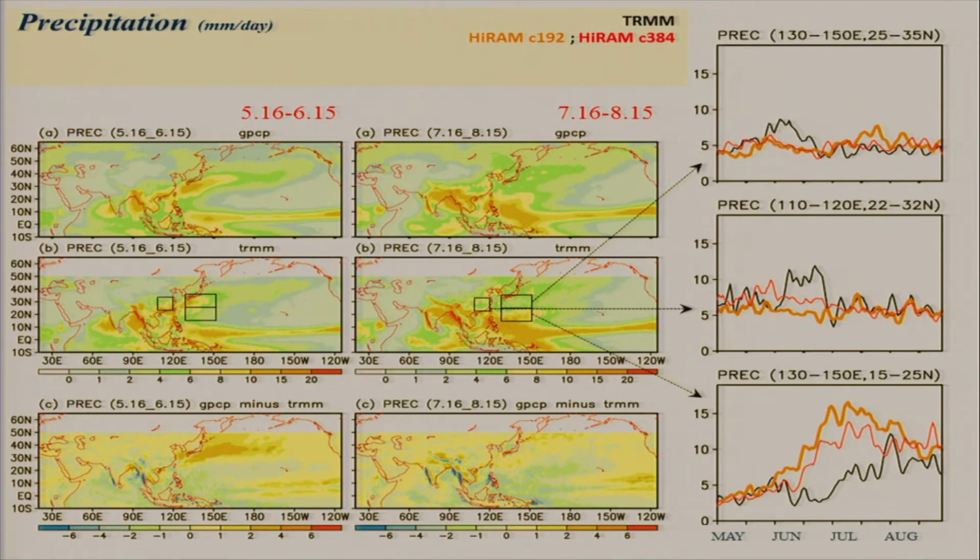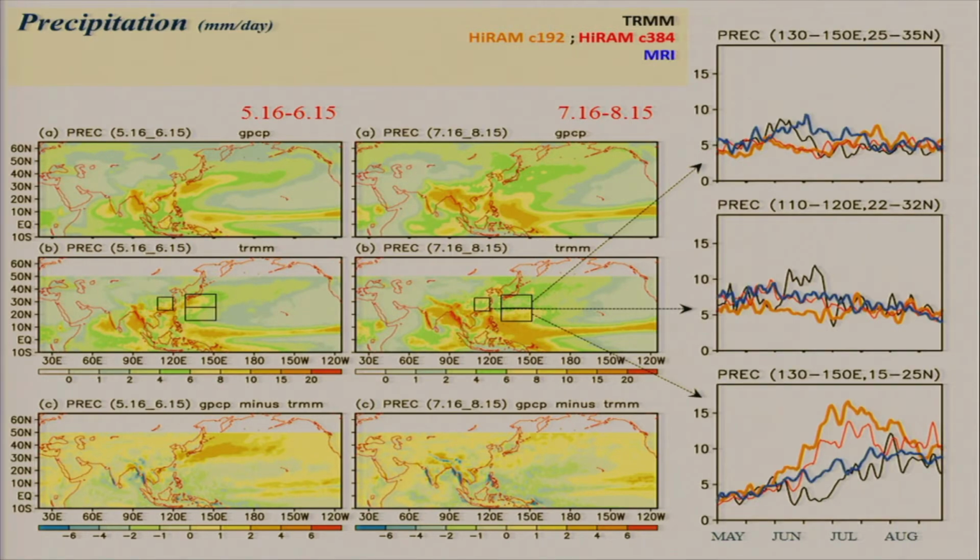The strength of the WNP monsoon is overestimated. The monsoon over this area is also simulated much earlier than observed. Generally, onset occurs in mid-July to late July.